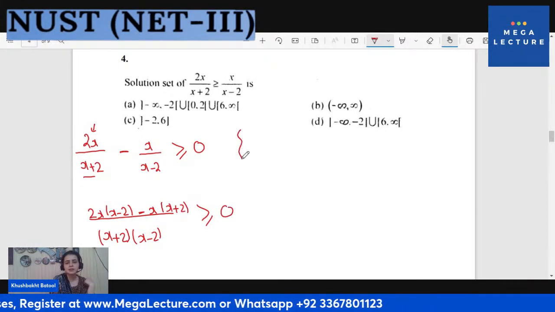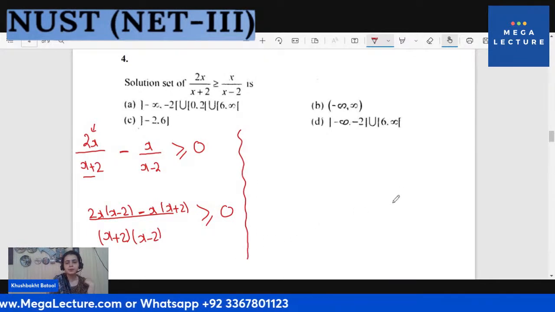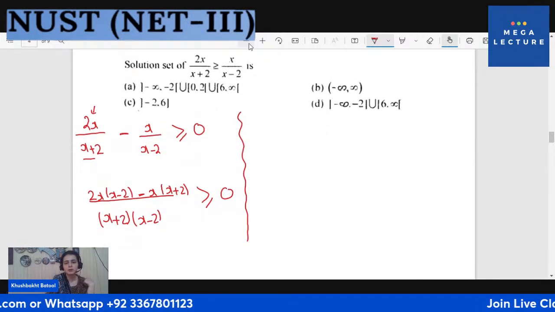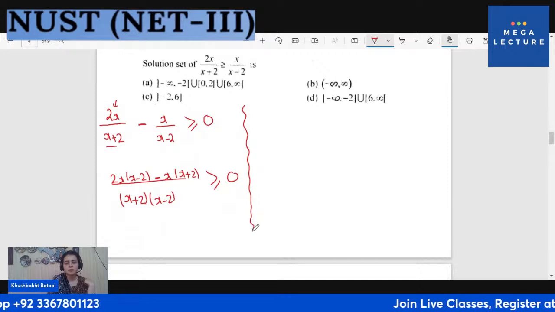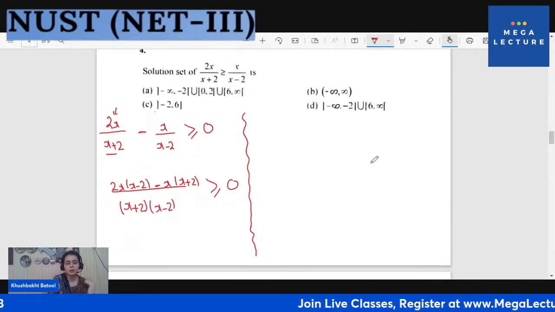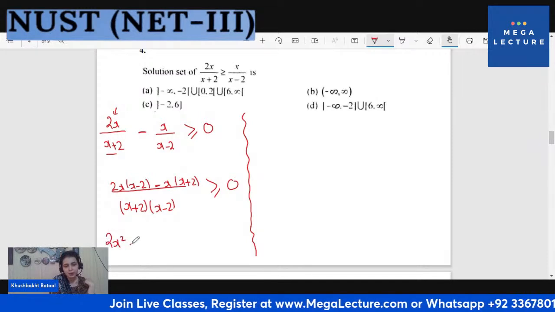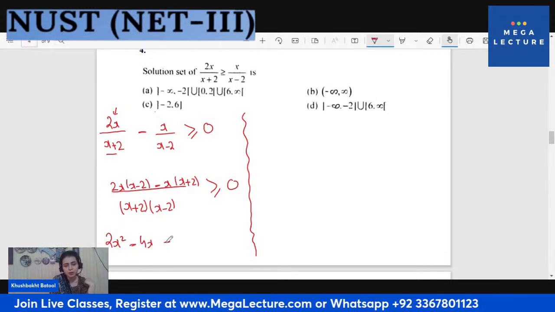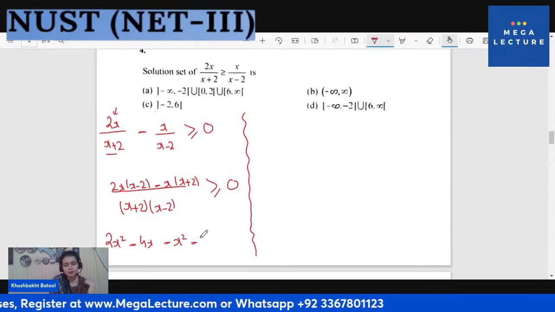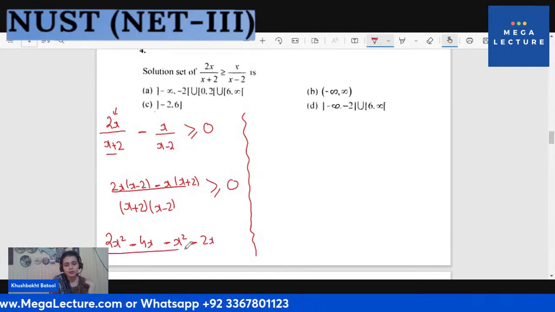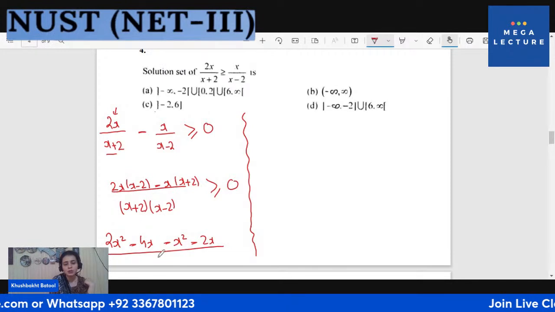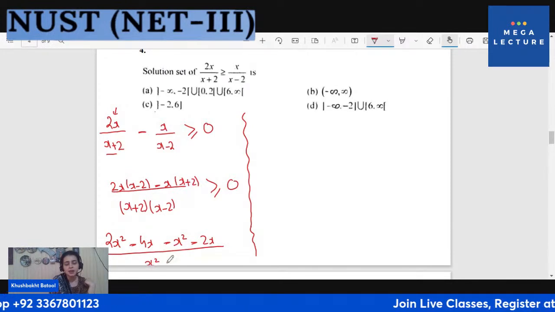That is greater than or equal to 0. Now it would give me 2x squared minus 4x minus x squared minus 2x, divided by x plus 2 into x minus 2, which can be written as x squared minus 2 squared. That would be 4, right?